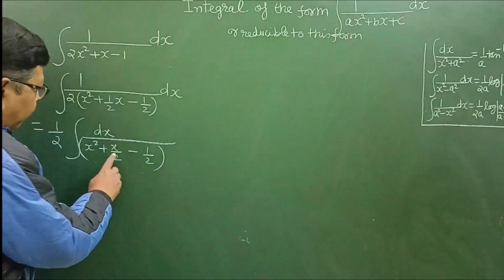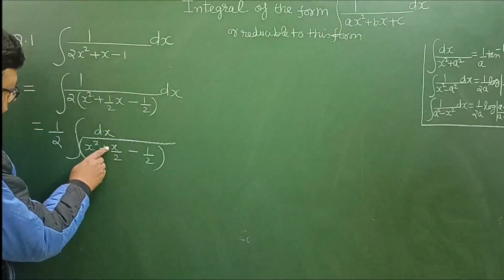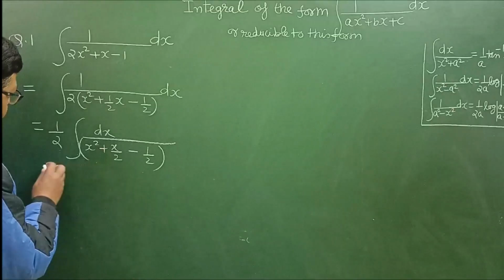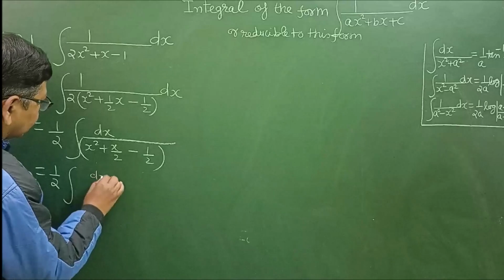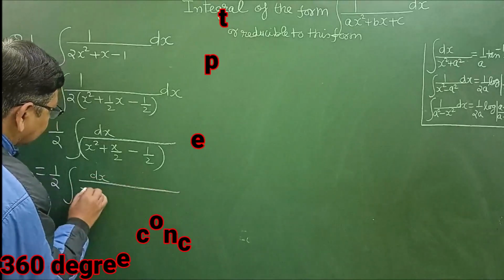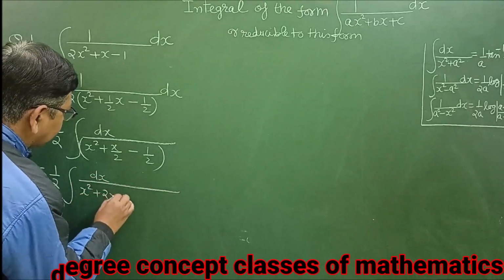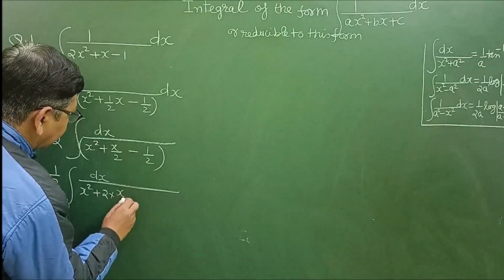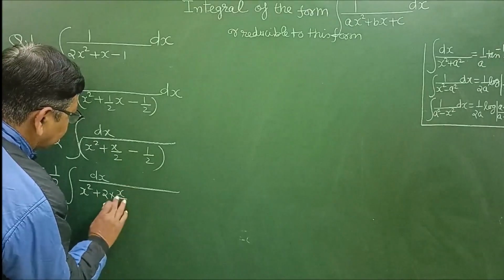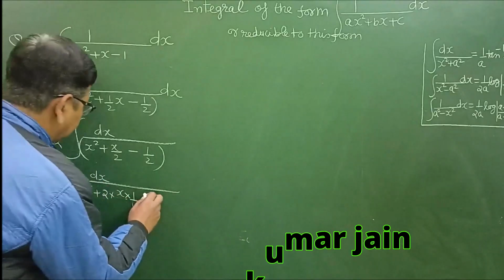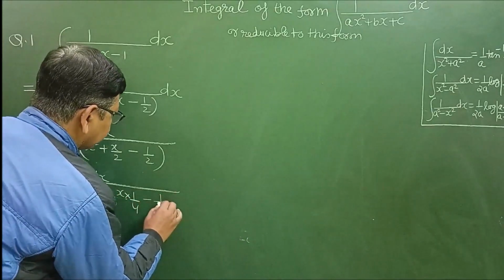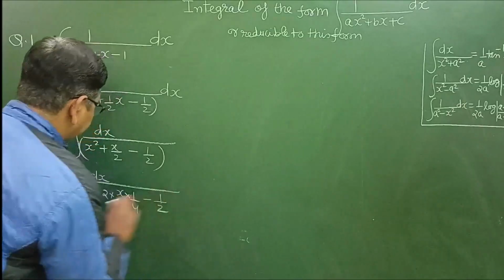see the coefficient of x. Coefficient of x is half here, so I can write this is equal to 1 by 2 dx. I can write this as x square plus 2 into x upon 2 into 1 upon 4, multiplying by 2 and dividing by 2, minus 1 upon 2 dx.